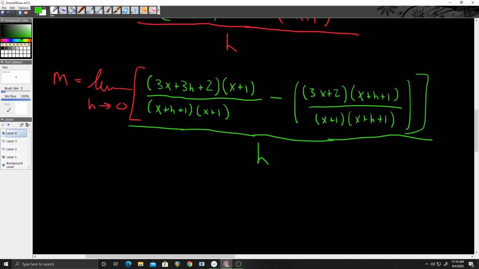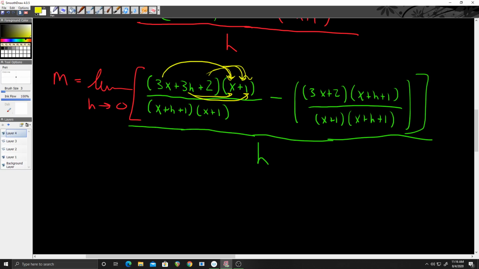Okay, so we have a lot of multiplication to perform. I'm going to see if there's anything I can factor, and it doesn't look like it. So I'm going to distribute, okay? So I'm going to do 3x times x, 3x times 1, and then I'm going to do 3h times x, 3h times 1, and then I'm going to do the same thing with the 2: 2 times x, and then 2 times 1. So that's what I'm going to do.